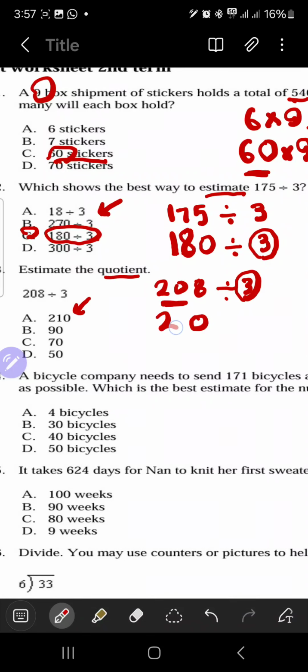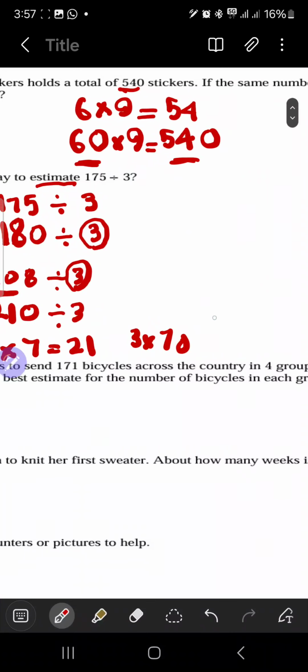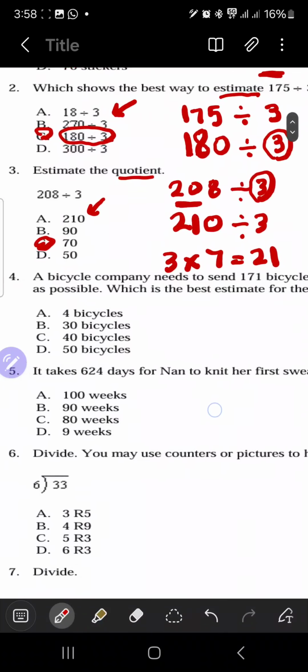The nearest is 21. Now 210 is in the timetable of 3, and we know that 3 times 7 equals 21. And if we increase a 0, that will be 3 times 70 equals 210. So the answer is 70. So now you reach your answer.